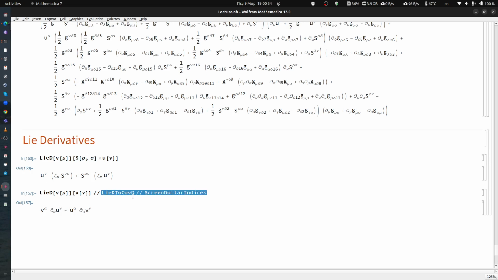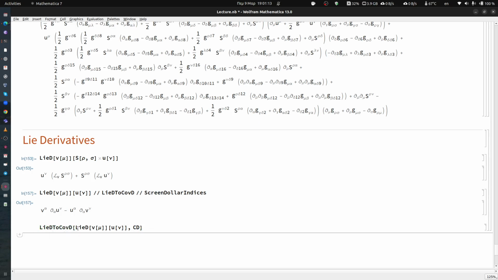But there is a way to use Lie d to cov d to give you this expression in terms of the covariant derivative CD. So then you have to use the function this way. The first argument is the Lie derivative that you compute, and then this tells Lie d to cov d that you want the expression in terms of CD.